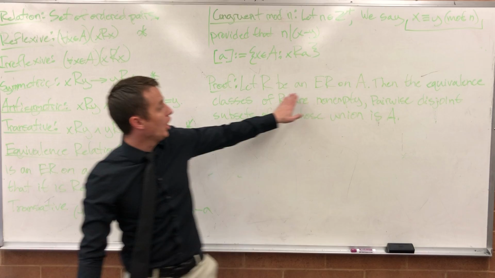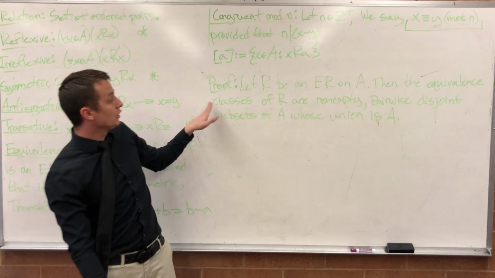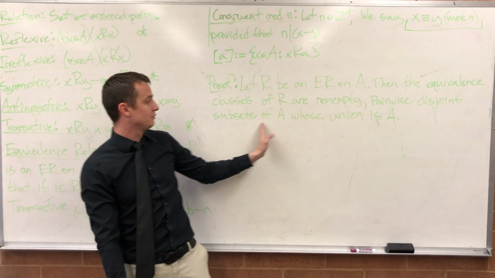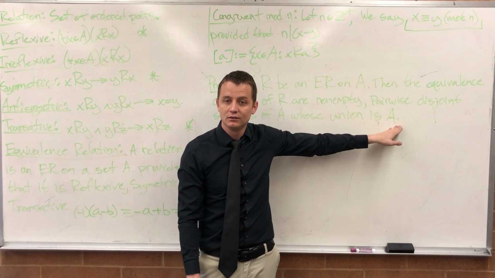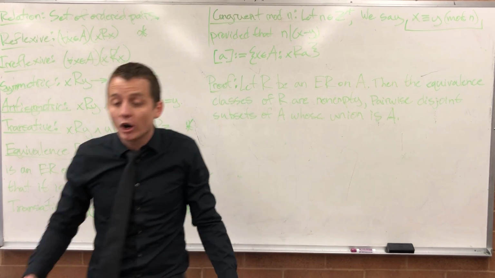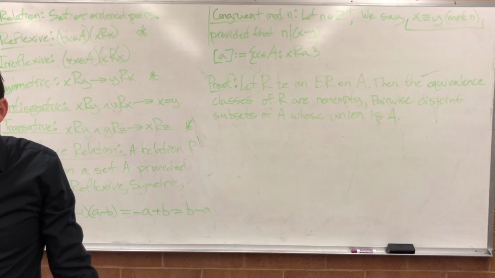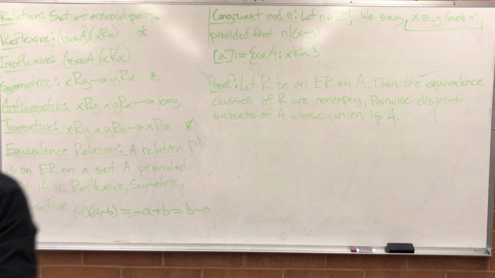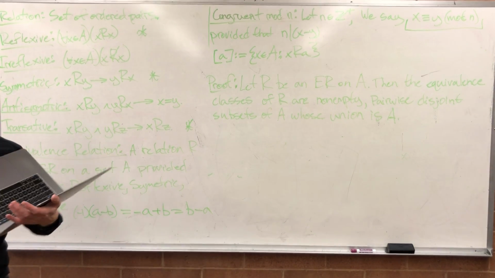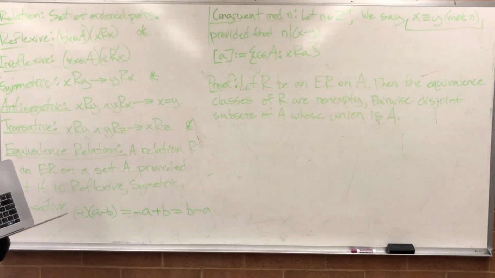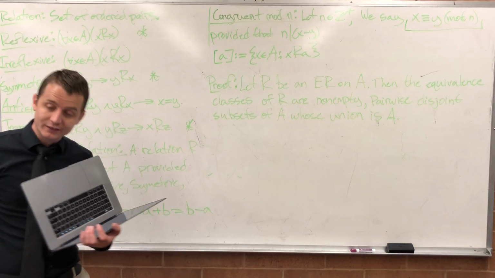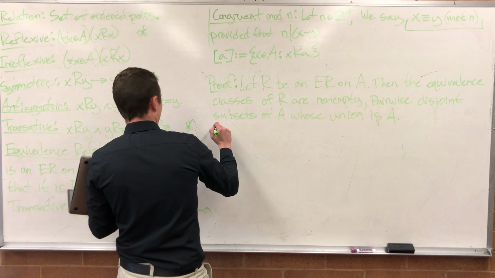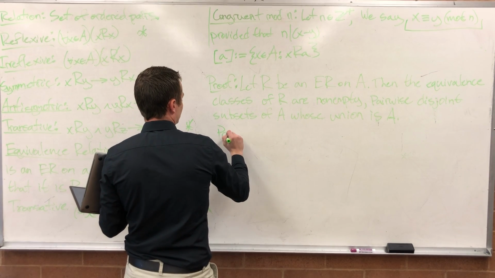Let R be an equivalence relation on A, then the equivalence classes of R are non-empty, pairwise disjoint subsets of A whose union is A. Now I'm going to read what a partition of A is. Here's a partition of A. Let A be a set. A partition of A is a set of non-empty, pairwise disjoint sets whose union is A. Okay. Right? So a partition.